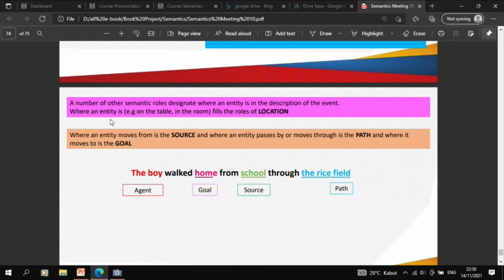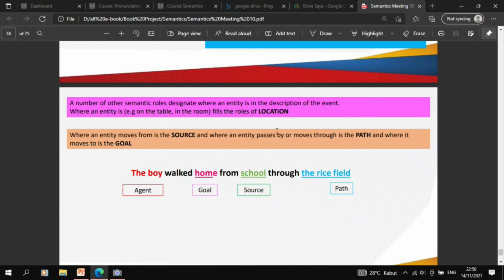Jadi tempat di mana si agent yang melakukan perform the verb, we fill the descriptions, the place where, di mana si entity ini dideskripsikan terjadi. Yeah, that's what we call as the locations. Example, on the table, in the room, on the house, on the school. So that's what we call as the location.